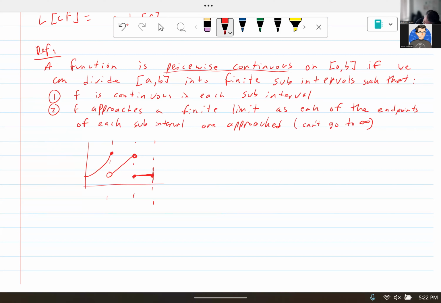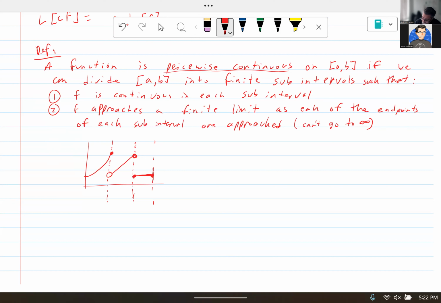We don't really care what happens at the break in the continuity, except for the fact that we have limits there.